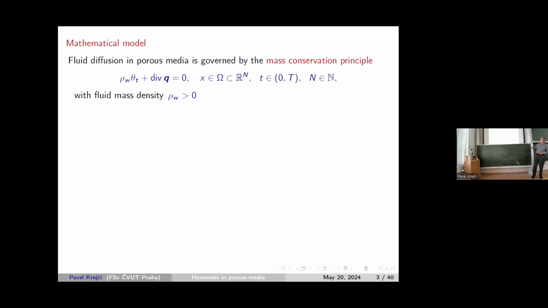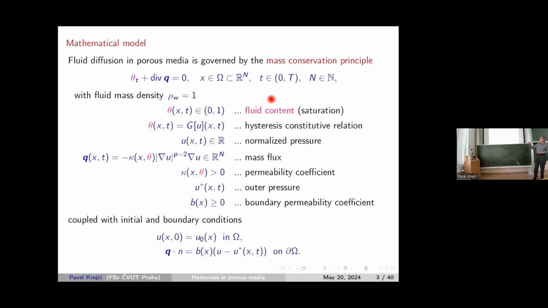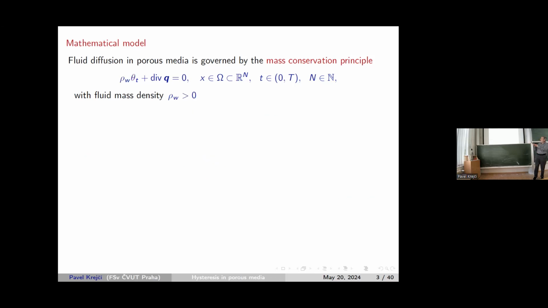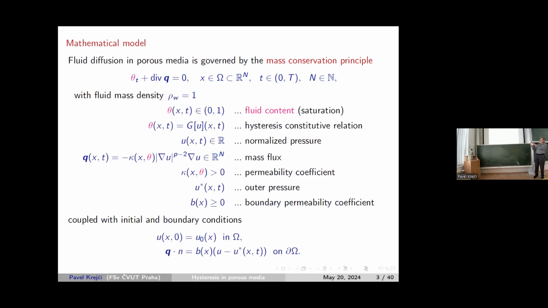Now, the mathematical model. So we will consider the standard diffusion equation. Theta will be the fluid content, so saturation, which is between 0 and 1. There is a positive mass density, but we omit the mass density because we want to simplify the formulas.